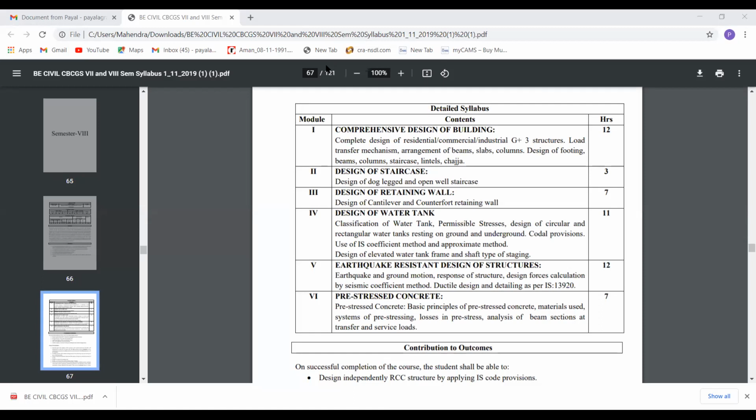There are 8 to 10 losses in the pre-stress, and we are going to solve problems based upon the losses in the pre-stress, as well as analyze the beam section based upon pre-stress concrete. So these are the total 6 modules that are there in your syllabus for DDRCS.